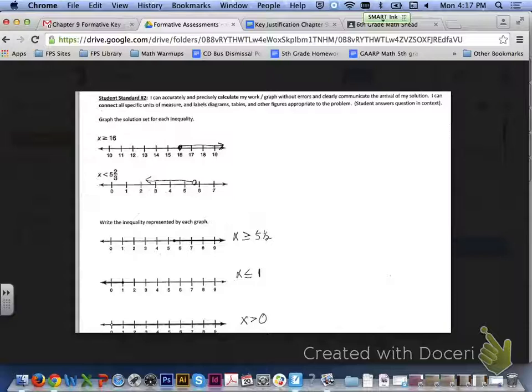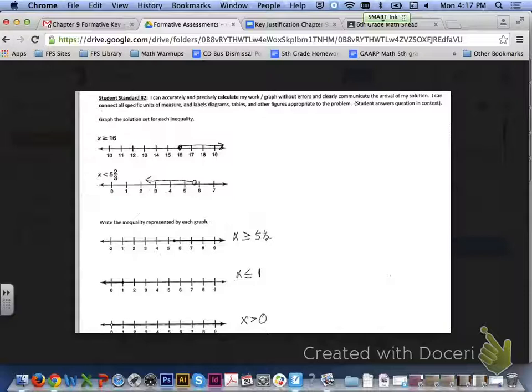In the next section, write the inequality represented by each graph. So in this case, x is greater than or equal to 5.5. Closed circle, meaning it can be equal to 5.5, and then arrow pointing to the right, meaning greater than or equal to. The next one, x is less than or equal to 1.